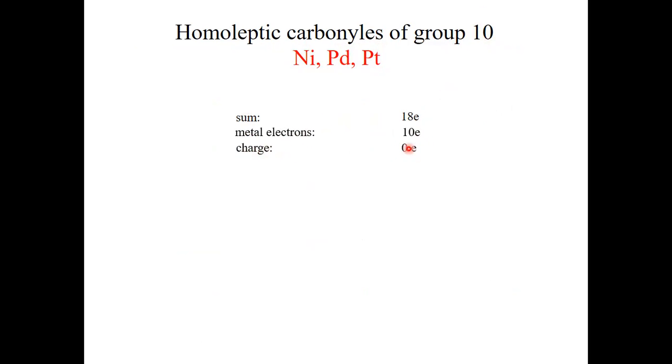We assume these carbonyls to be neutral. Now, the ligand electrons that we need is 18 minus 10, and that's 8. So how many ligands will we need? That's just 8 electrons divided by 2, that's 4. So in this case, we would expect tetracarbonyls to be stable.